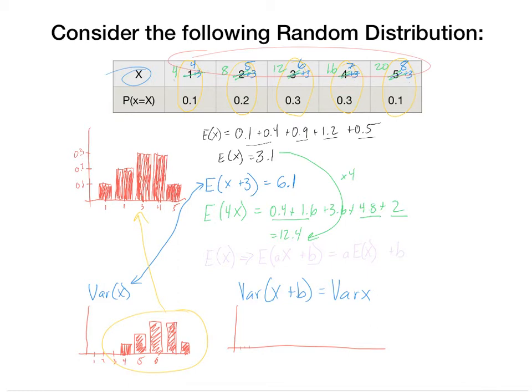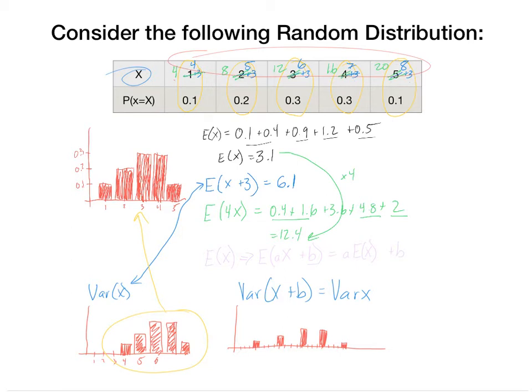So 1, 2, 3, 4 is at 10%, 0.1. 5, 6, 7, 8, 9, 10, 11, 12. Sorry, 12 is in the wrong place. So it goes up to 0.3. 12, 13, 14, 15, 16, 17, 18, 19, 20.